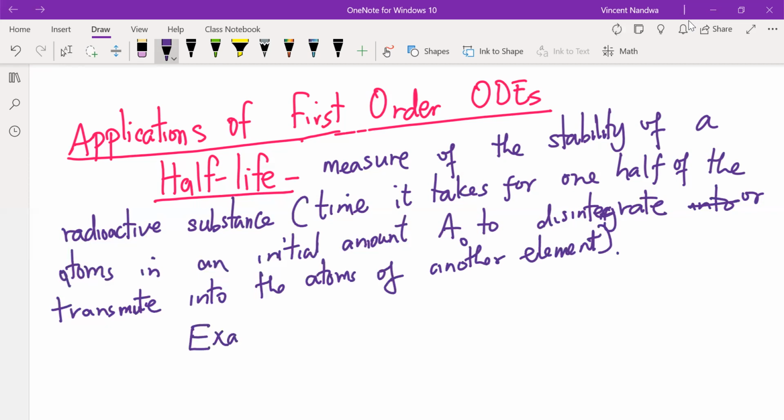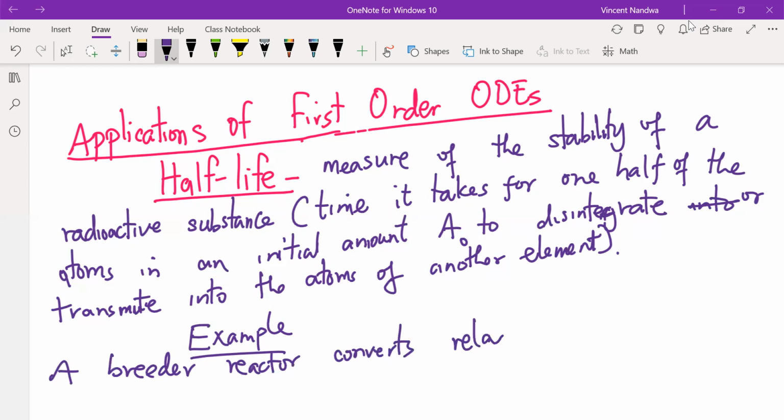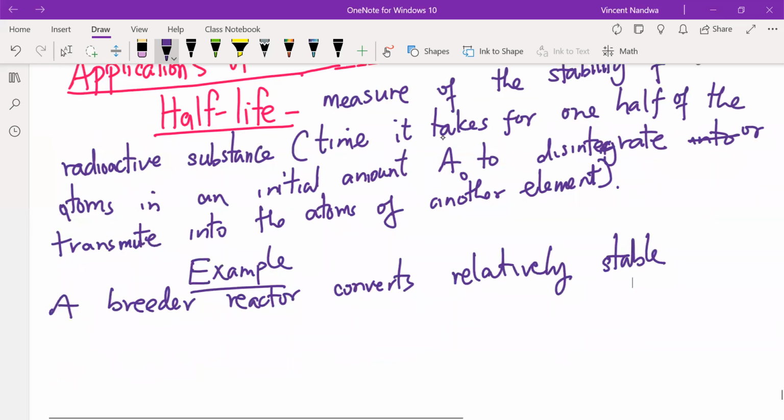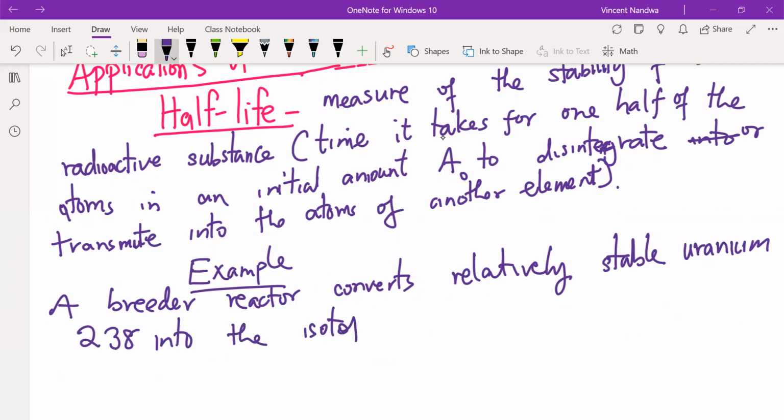So example, a breeder reactor converts uranium-238 into the isotope plutonium-239.